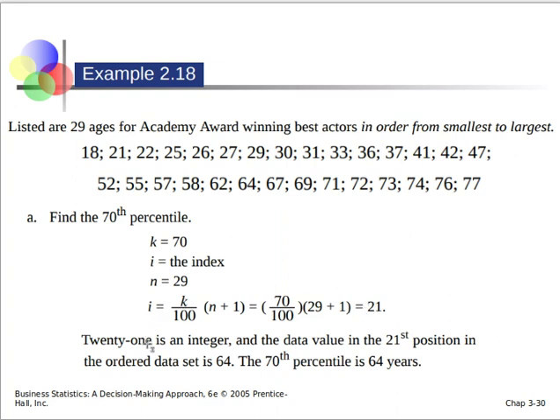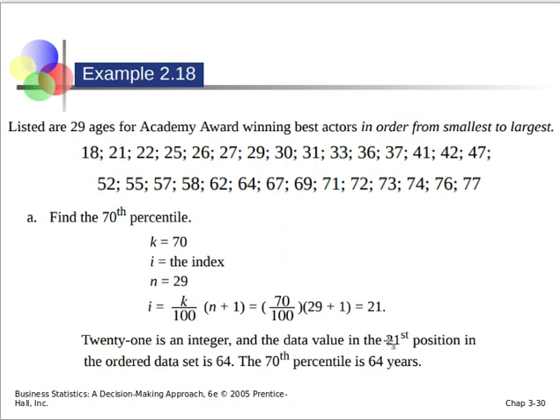Now, 21 is an integer, a whole number, and the data value in the 21st position in the ordered data set is 64. So the 70th percentile is 64 years old. In this data set, the 70th percentile is 64 years old.